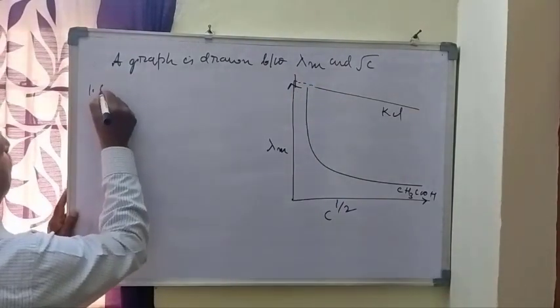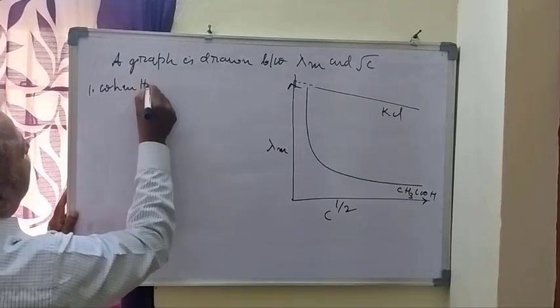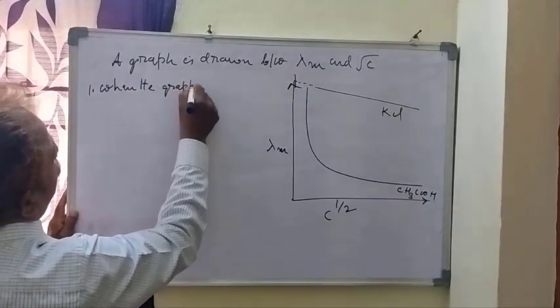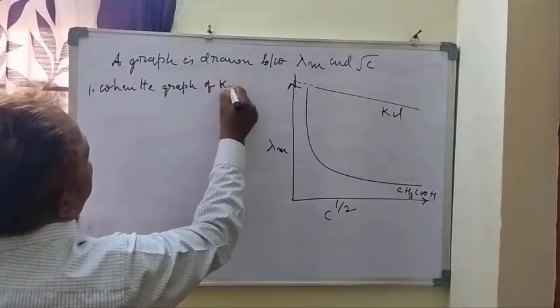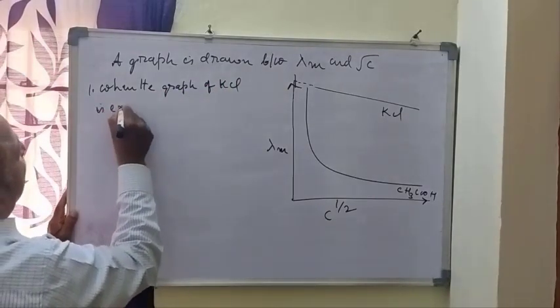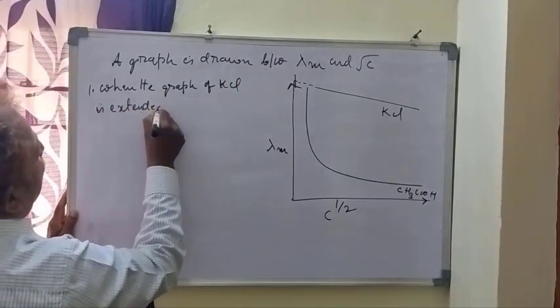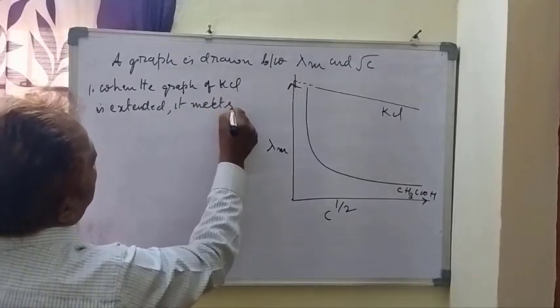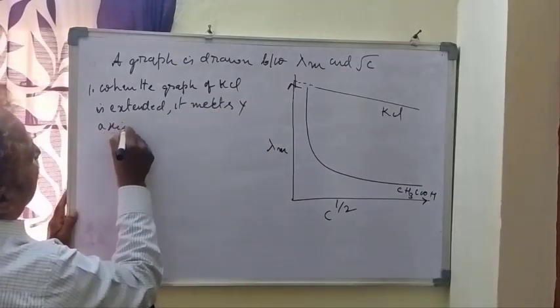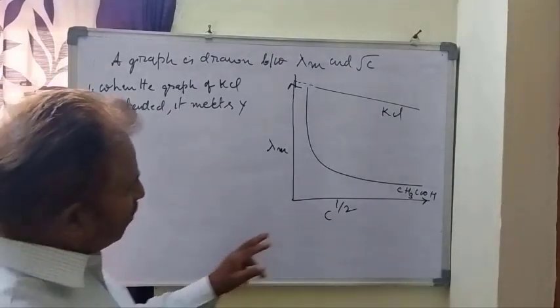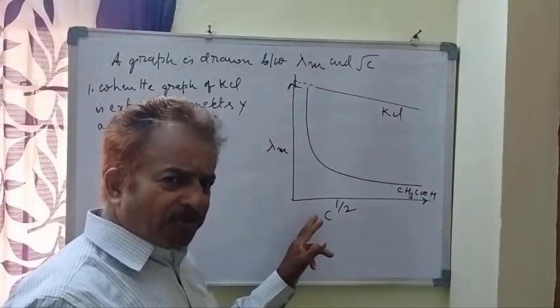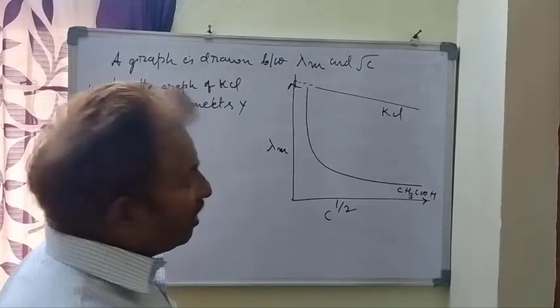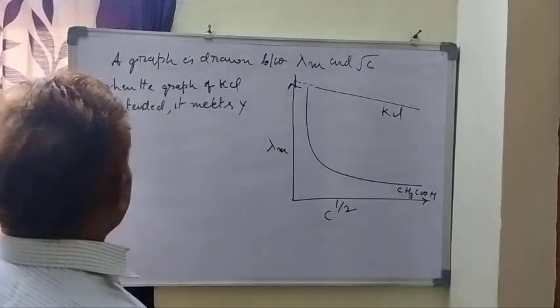When the graph of KCl is extended, it meets the y-axis. As it meets the y-axis, the concentration becomes 0 or dilution increases to infinity.